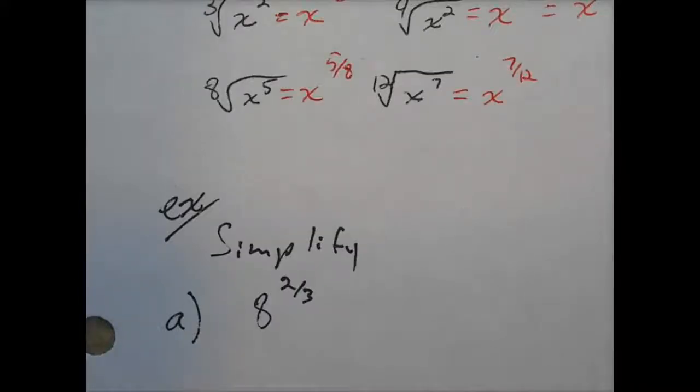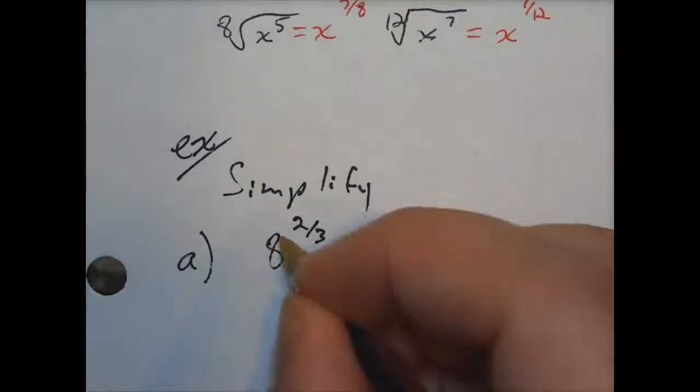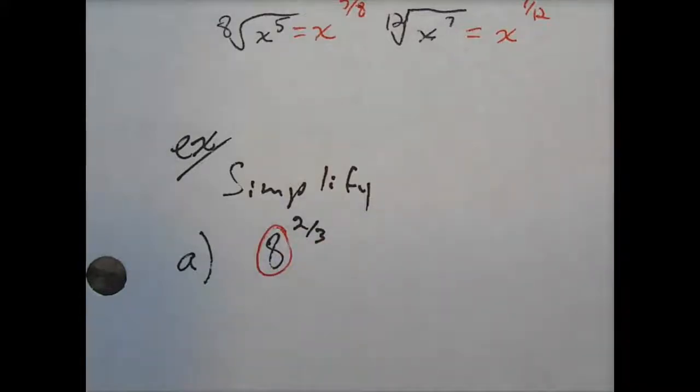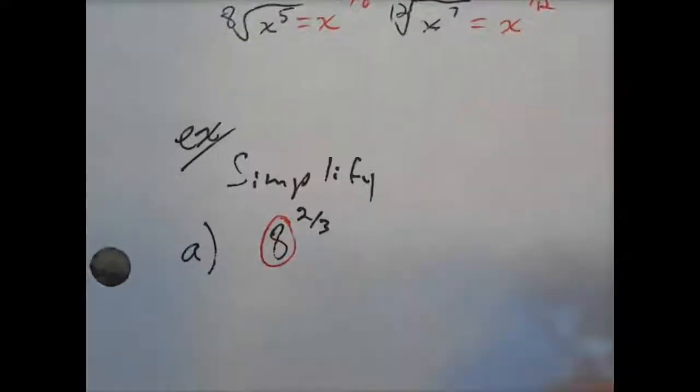So we know we can rewrite our powers. We don't have to every time because sometimes it's just going to simplify nicely. So what I mean by that is like 8, this number we know is 2 to the 3rd. It's 2 times 2 times 2.